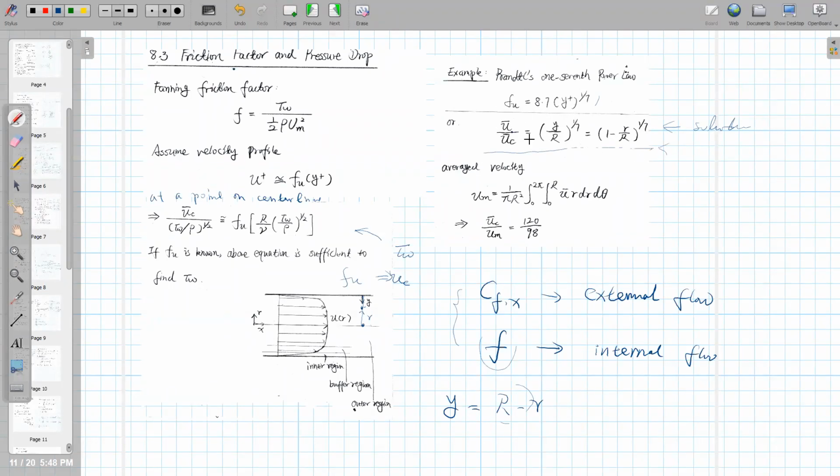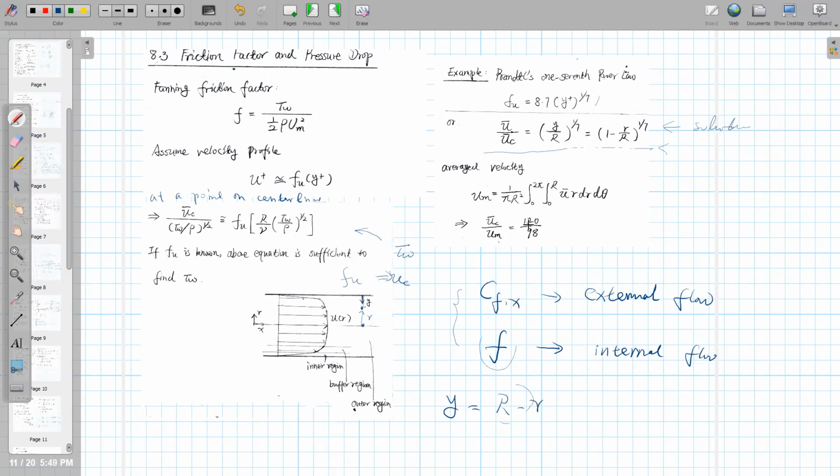Using this profile, you try to calculate the mean velocity. The mean velocity will be 1 over pi R squared, which is the cross-sectional area of this circular pipe, times the integral from 0 to R for r and theta from 0 to 2 pi of u. Just bring this correlation in here. You can find the correlation between Uc and Um.